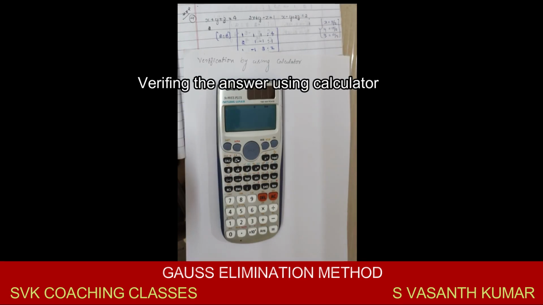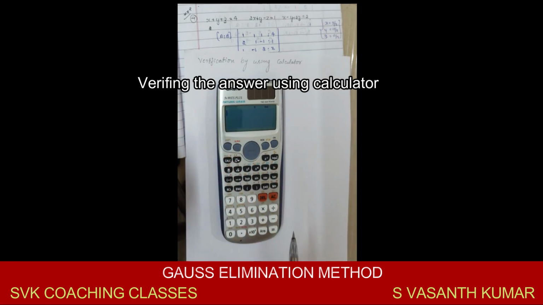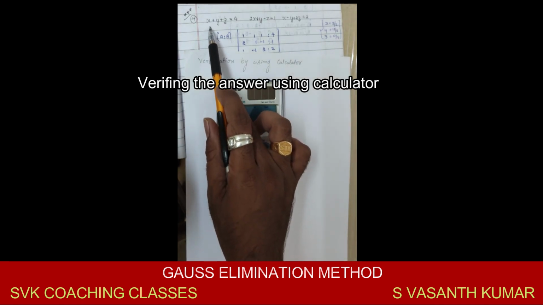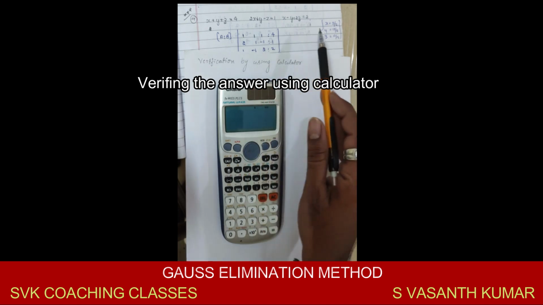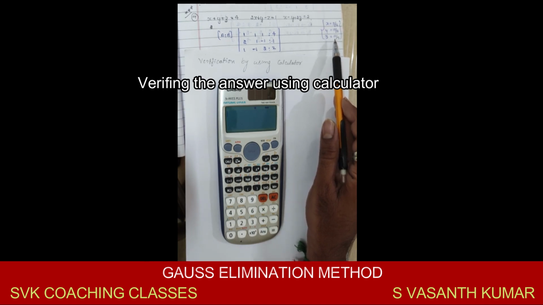So now we shall verify the Gauss elimination problem by using a calculator called FX991ES. We got analytically the solution as x equal to 3 by 7, y equal to 13 by 7, z equal to 12 by 7. Now let us see how we get the verification by calculator.